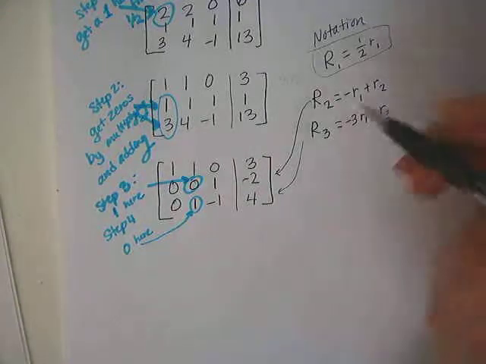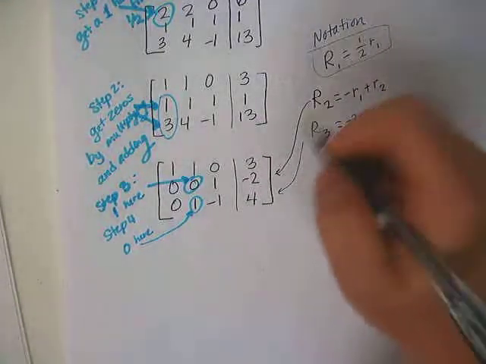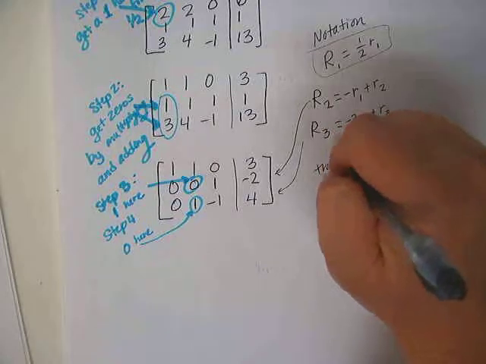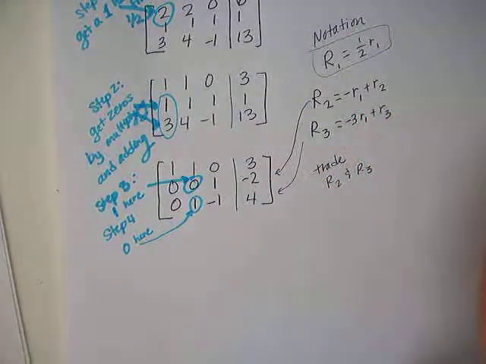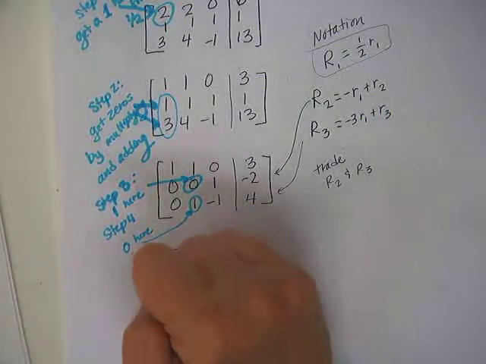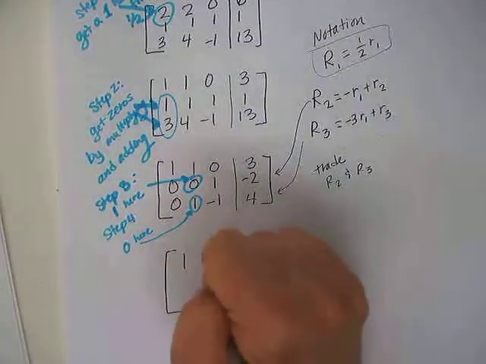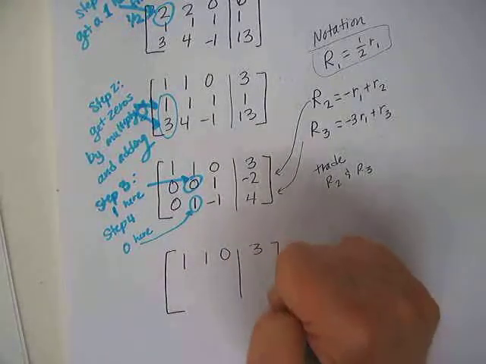We want a 1 right here in the middle, and we want a 0 right here at the bottom. One of our rules is that we could trade 2 rows. What do you suggest? Yeah, I think we should just trade row 2 and row 3.